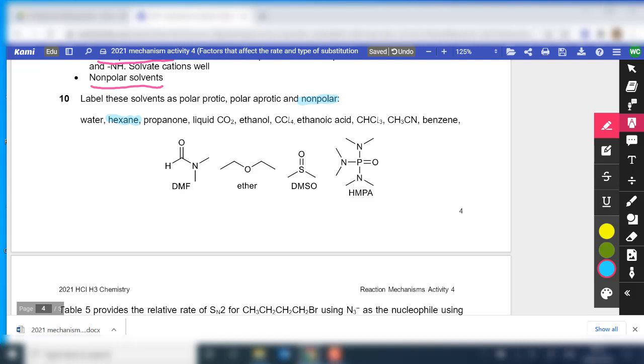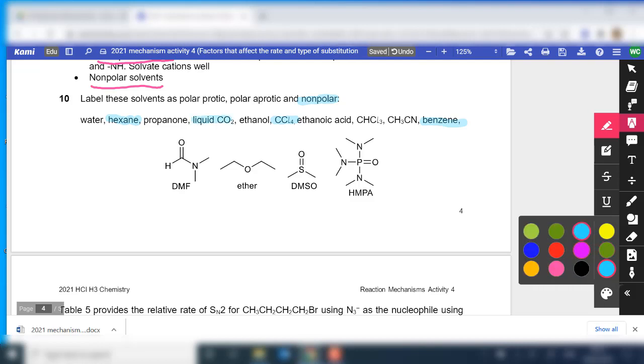Another clear-cut example is benzene. CCl4, if you are very strict about it, because as a whole there's no dipole. And of course CO2.